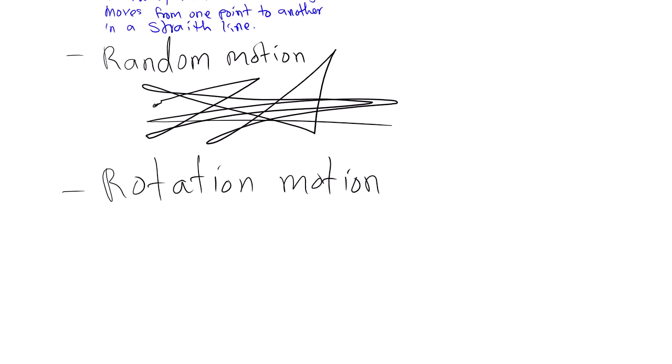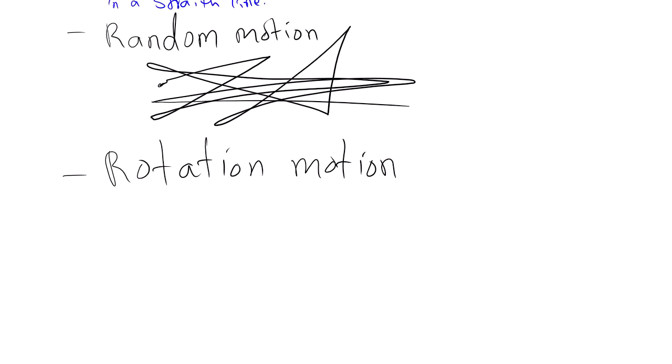But rotation is like the example we gave with a fan. If this is a fan and these are the blades, if this blade rotates, then you have rotatory motion.